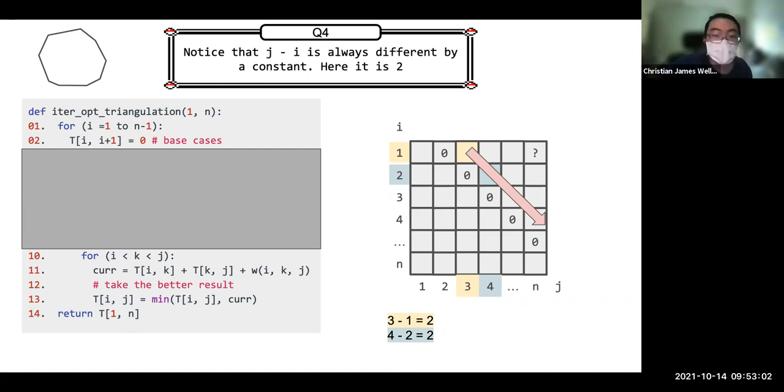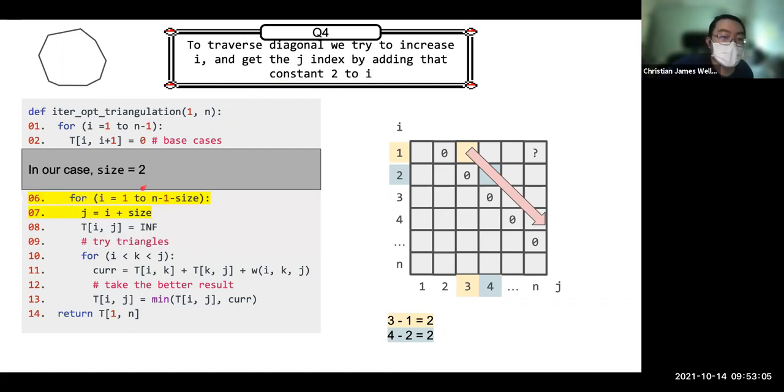That means we try to increase i, go down the i, and choose j such that it is moving diagonally as well. We always compute by a constant size; for this diagonal, our constant is size 2. So we always compute j equals i plus size.